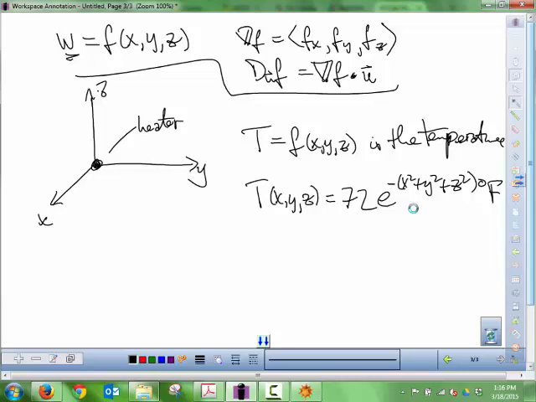All right. So now let's find an activity that's happening in this room that's going to force me to try to calculate a rate of change in temperature.